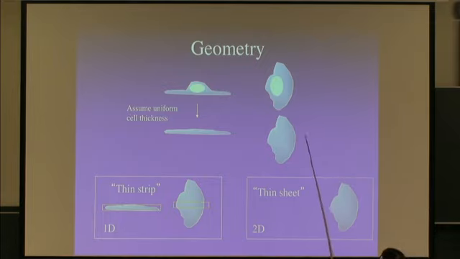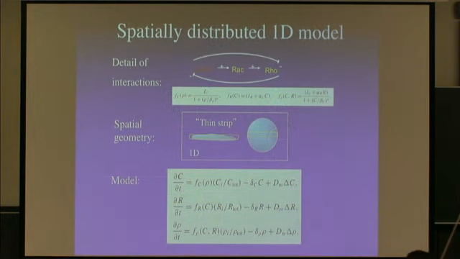And sometimes I'll revert to talking about a 2D version of the model. Again, I'm getting rid of the cell body. I'm looking at a thin sheet, but that sheet includes the top surface, the membrane, the interior, and the bottom surface. So that's just a point to keep in mind. Okay, so back to the model that we initially set up.